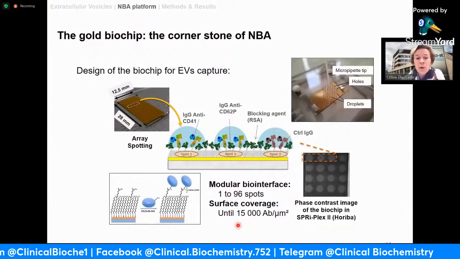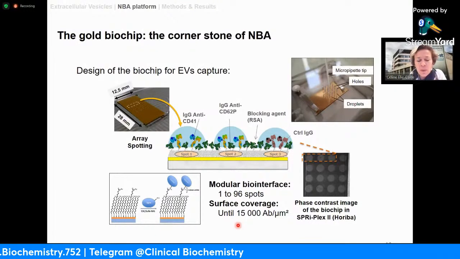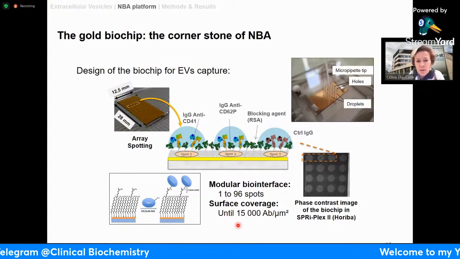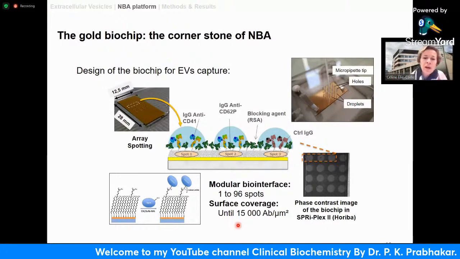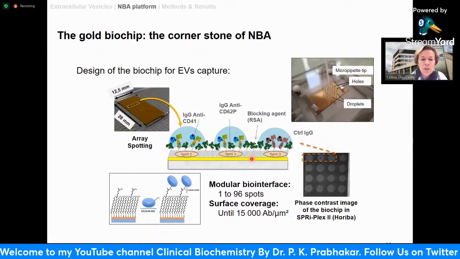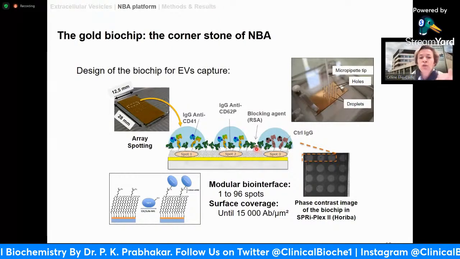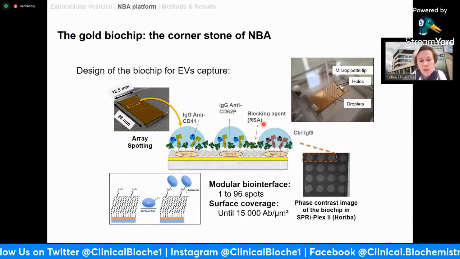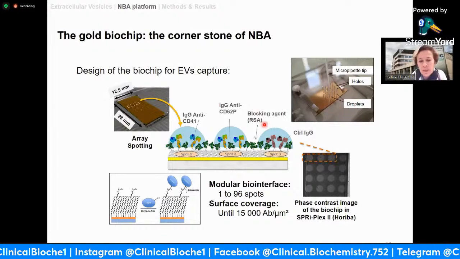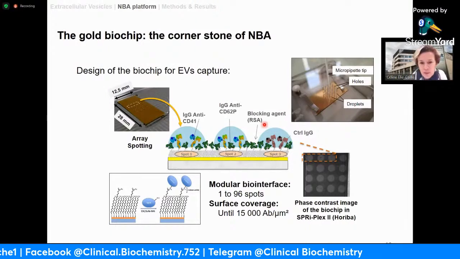So the cornerstone of our NBA platform is a chip. People use it as a naked board just to add some vesicles, or we functionalize it with thiolates in order to graft vesicles directly, or to graft antibodies or ligands in order to get a subset population of EVs.